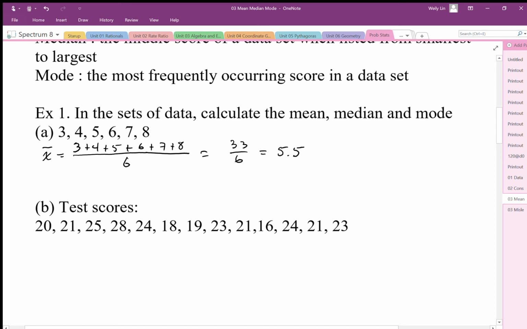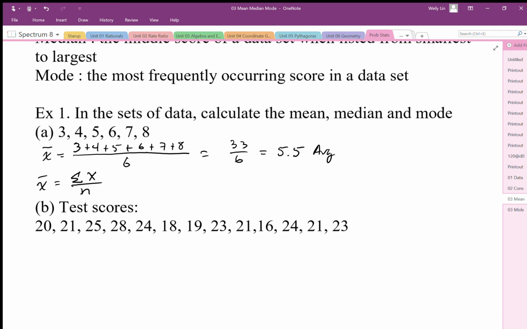The average score is based on the sum of all the scores divided by the number of scores. There's actually a formula for this: the sigma means sum, the scores we call x, and we divide by n, which is the number of scores. That's our average, or mean.